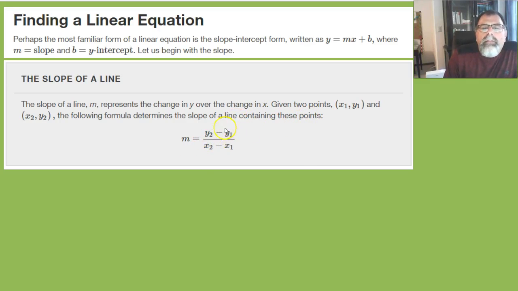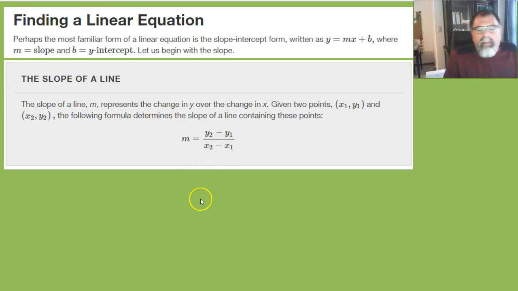So we're going to do the difference in the y coordinates over the difference of the x coordinates. And the order matters on this one. If we're going to call one of them point 1 and the other point 2, you want to be consistent. You're going to do y2 minus y1 over x2 minus x1. Now you can switch it as long as you switch both of them.